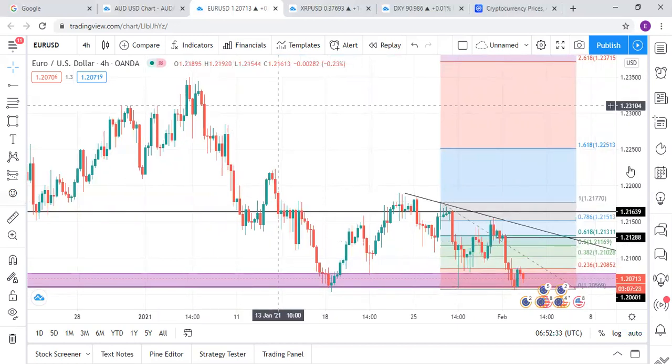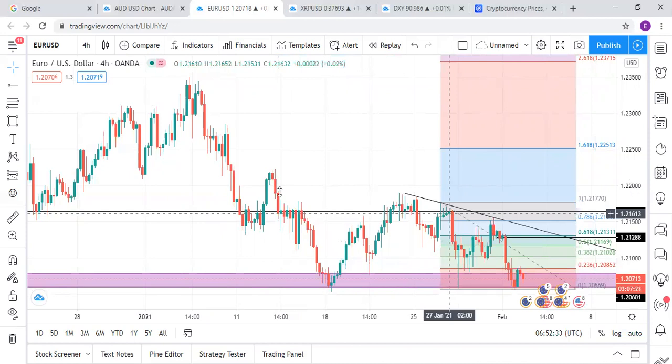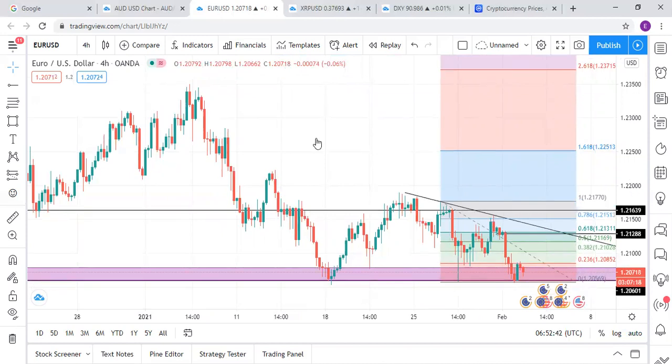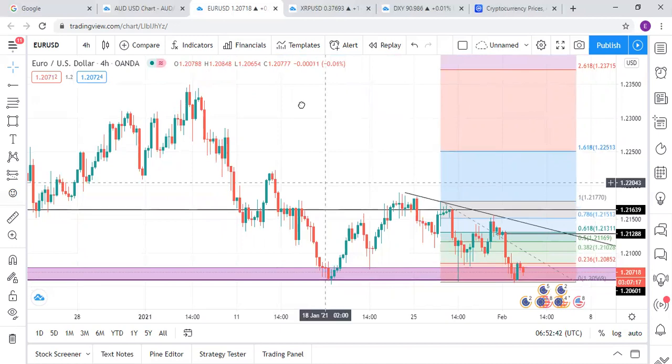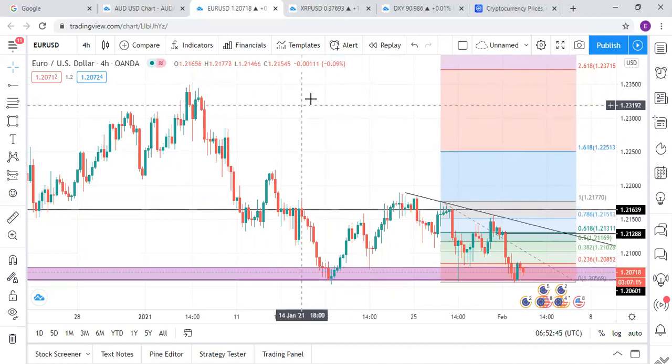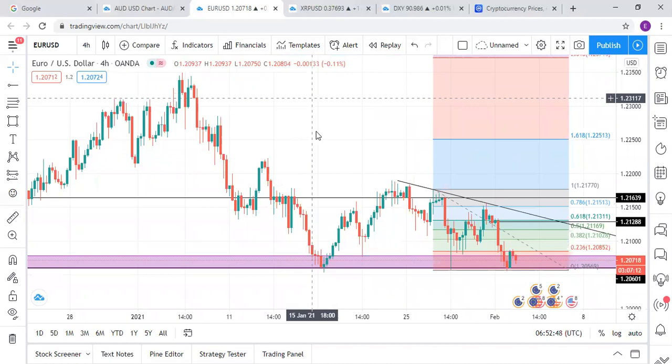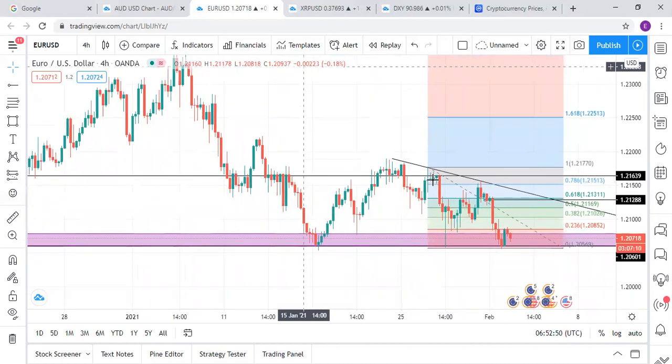Okay, I think we have the confirmation at almost similar, but what I'm trying to tell you is this. Most times you don't have it at almost similar, and the best bet for you is to go to lower time frame like H1 to get your entry.